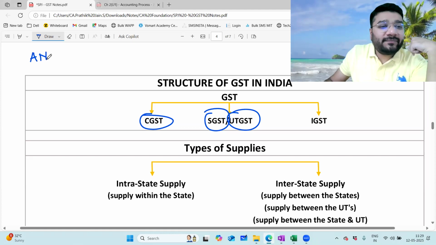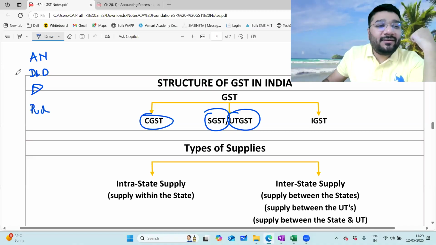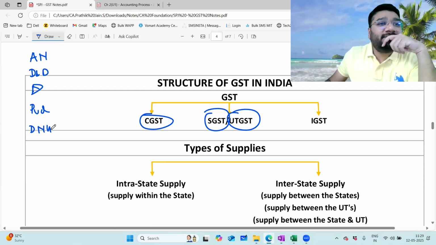Can you please tell me the names of the 6, 7, 8, whatever you say? Andaman Nicobar, Daman and Diu, Delhi, Puducherry. It's not Pondicherry, it's Puducherry. Dadra Nagar Haveli, Lakshadweep, Chandigarh.